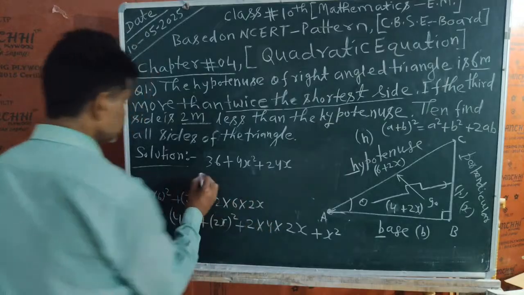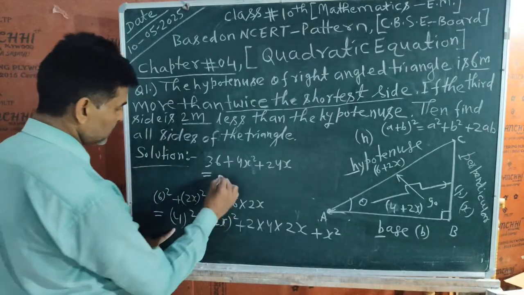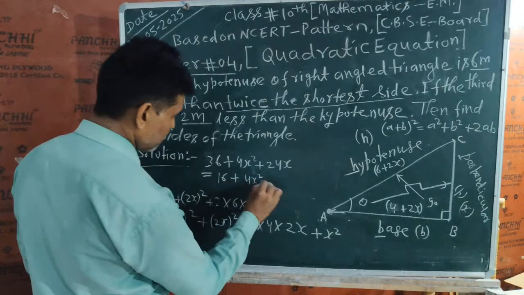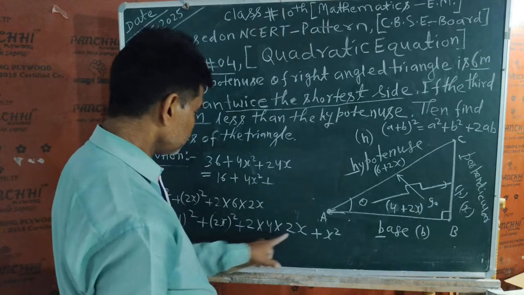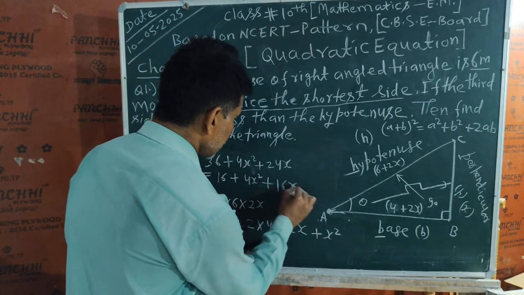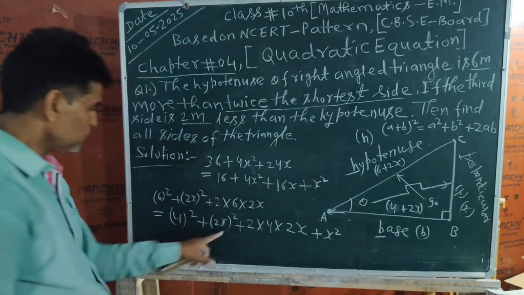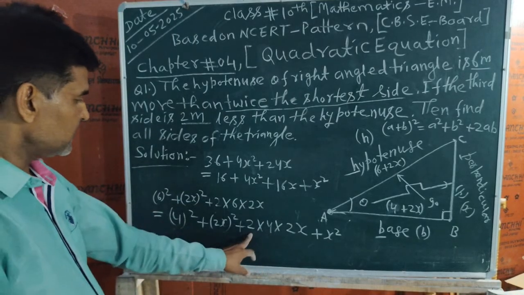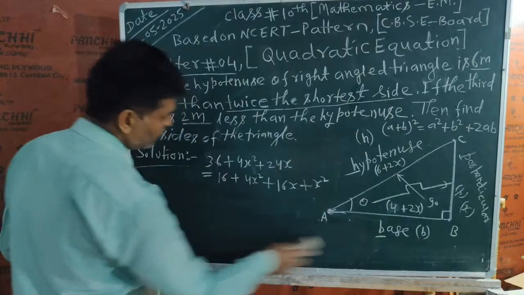Now the equal sign is available, so I put the equal sign, and 4 into 4 will be 16, plus 4x square, plus 2 into 4 into 2x, that is 16x, and then plus x square. Okay students, each and every piece of information I have written here. Now I am going to erase the data below for further calculation.